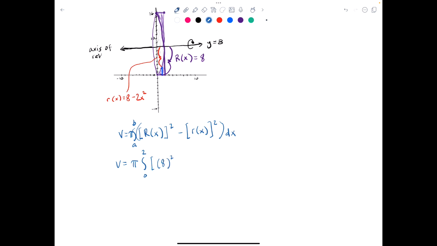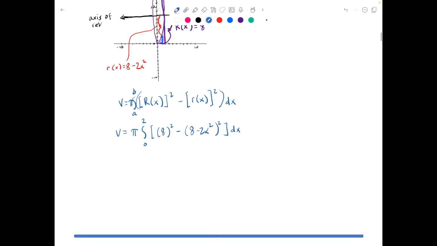So we'll square that, minus the quantity 8 minus 2x squared, squared, dx. Doing your algebra, we'll have pi times the integral from 0 to 2 of 64 minus 64, and then 2 times 8 times 2x squared is going to be minus 32x squared, and then plus 4x to the 4th.